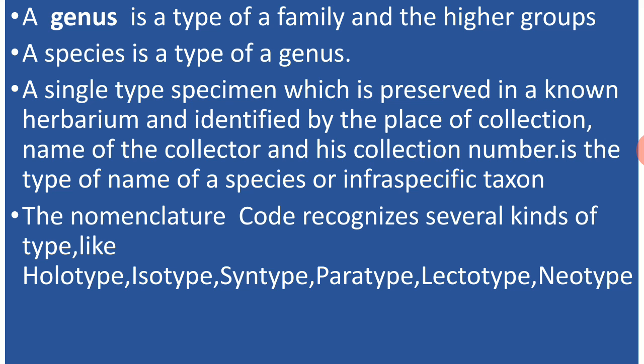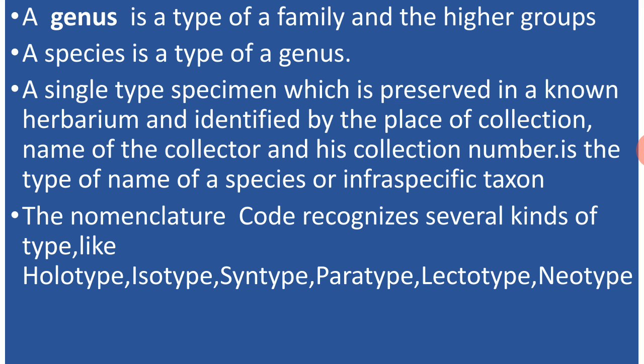Means the name of the genus is based on the type of any species it contains. There are some monotypic genera and some polytypic genera. So any one species of this genus is the nomenclature type upon which the genus is known.